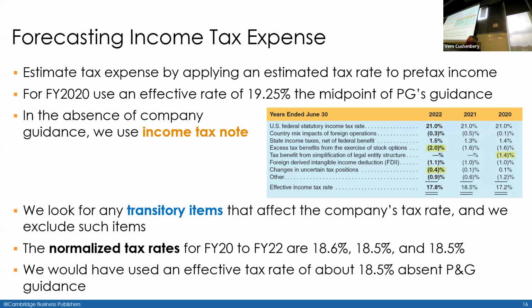So I don't know Procter & Gamble well enough to say that the tax benefit from simplification of legal entity structure is likely to recur. For the sake of this project, it's okay if you just assume the effective tax rate is going to be consistent with this table.